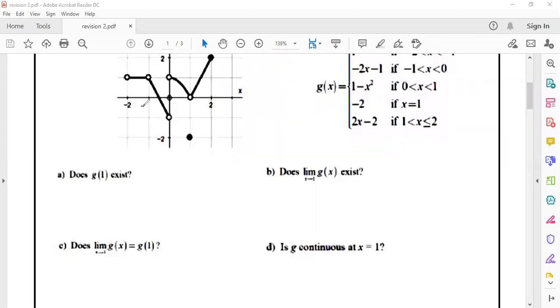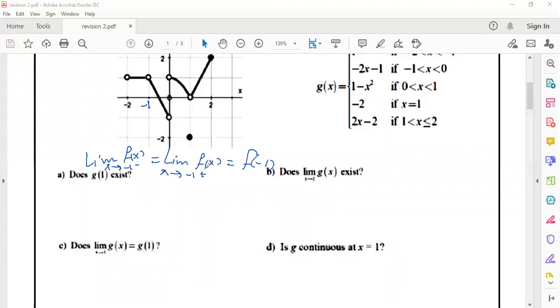Here at -1, I know from the definition of continuity at x, for example x equals 1, what condition must be satisfied? The limit of f of x when x approaches -1 from the left equals the limit of f of x when x approaches -1 from the right, and must be equal to f of -1.